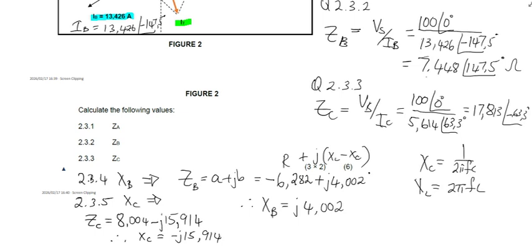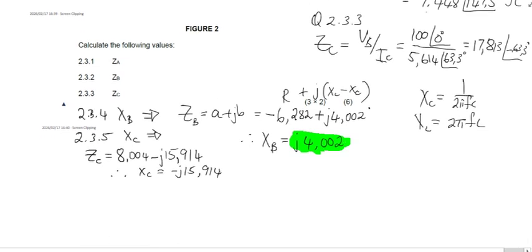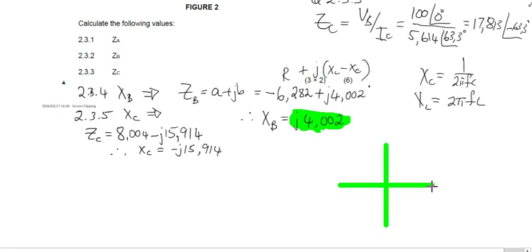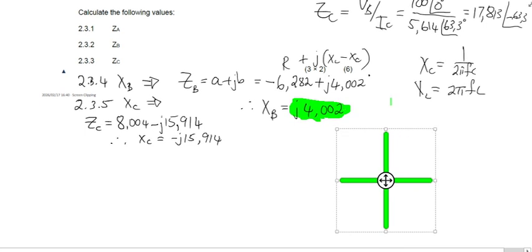So all you need to remember is that if it's positive, what does it tell us on the phasor diagram? We have XL and we have XC, we have R there.